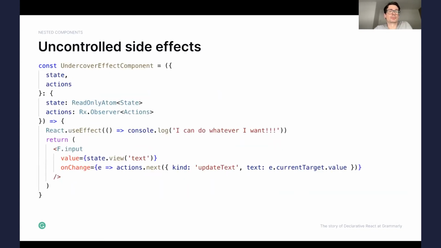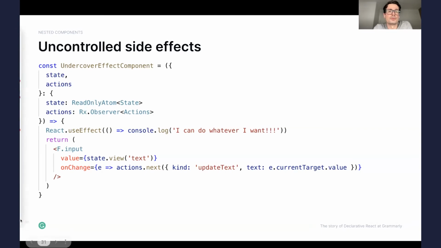And another problem, or not a problem, maybe it's a feature, but still it's not very convenient. We have this nice model, this clean separation. State is a read-only observable, actions is an observer, and if you want to change something, you emit an action. Anyway, it is possible to do some side effect here or there.